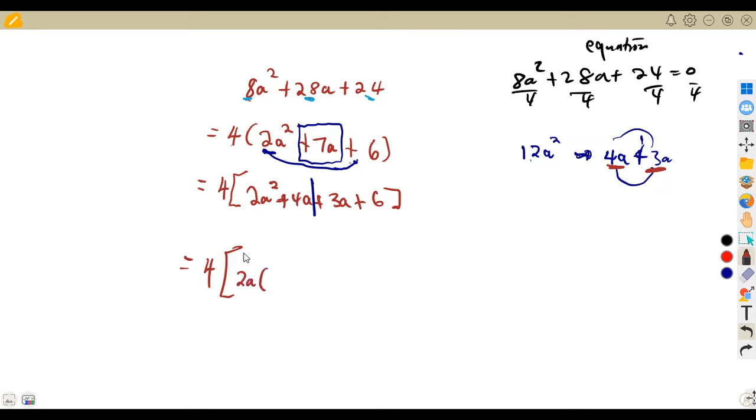So we can factor out a: 2a squared divided by a will remain with 2a, and 4a divided by a will remain with 4. Between the other two terms, what is common? 3. So 3 times a plus 2. So we have got the common bracket, a plus 2. We factor out the common bracket, having our 4 outside, our common bracket being a plus 2, and the other bracket being 2a plus 3.